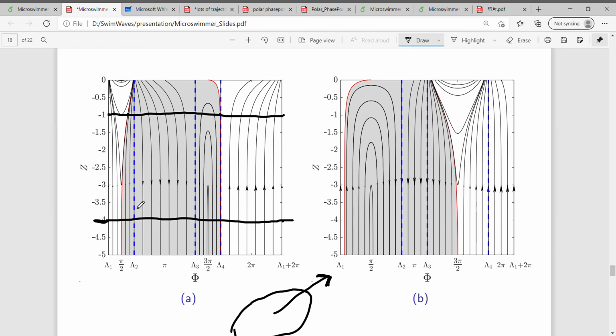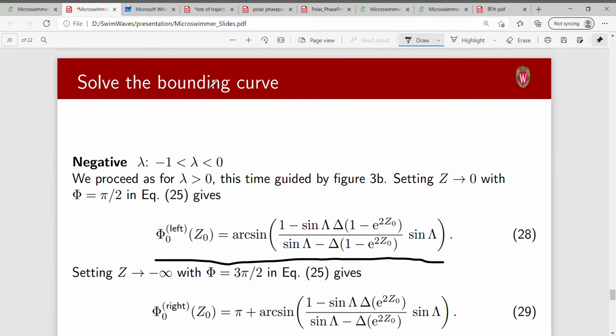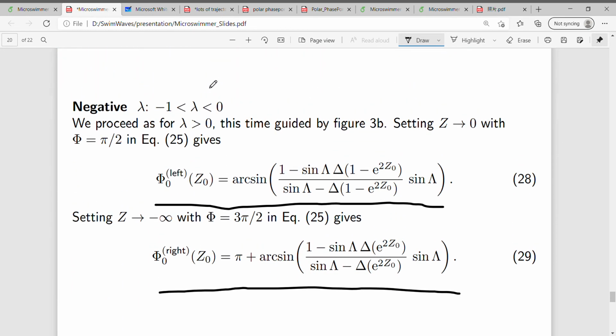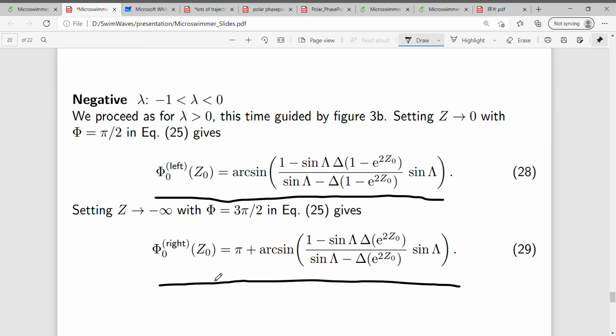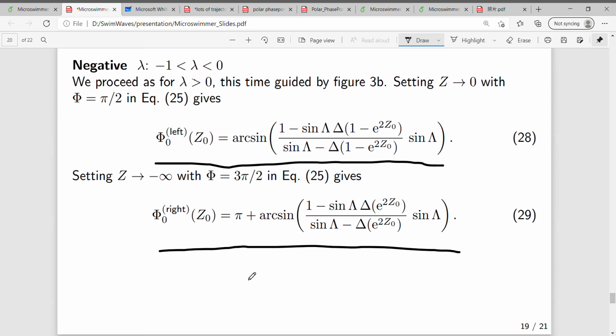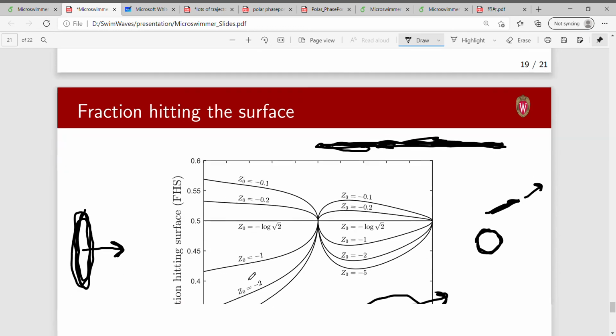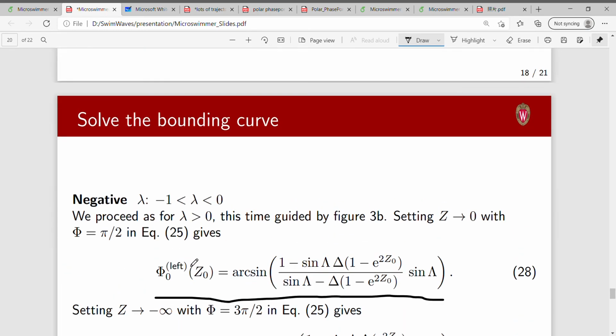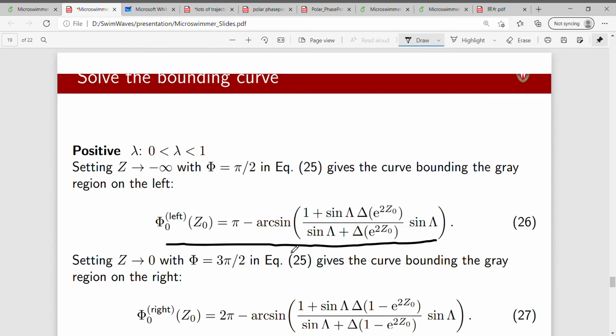For this one we set z equals to 0 and phi equals to 3 pi over 2 to find this right hand side separatrix curve.